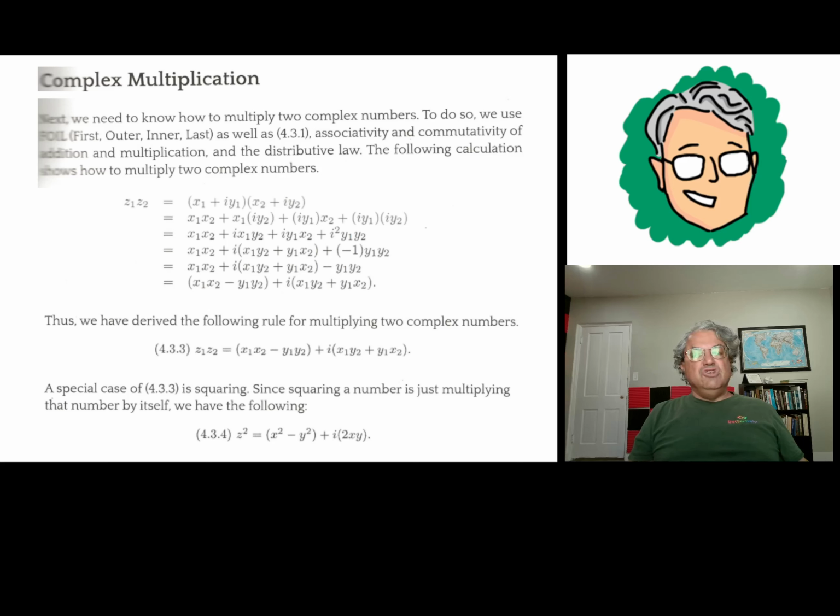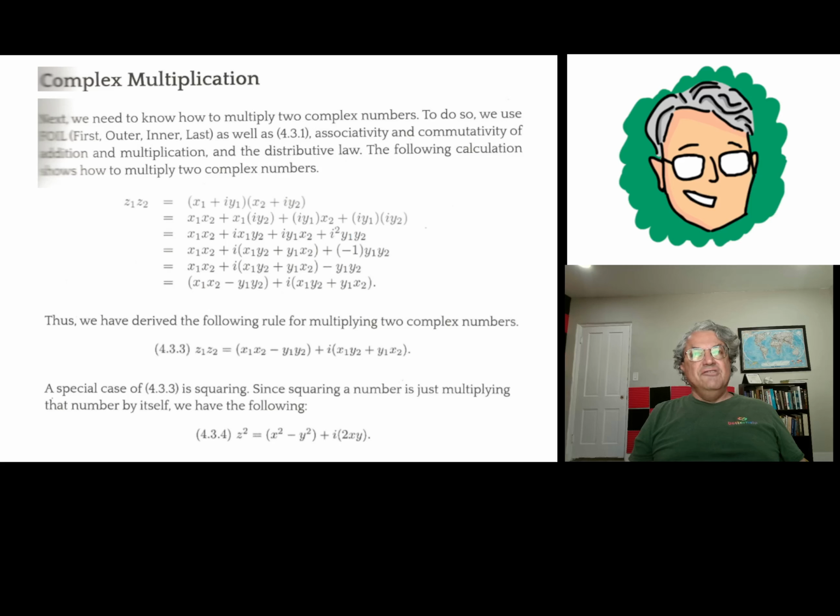And then the imaginary parts are i x1 y2 plus i y1 x2. Of course, we can distribute the i. So then when we're done, the final result is x1 x2 minus y1 y2, that's the real part, plus i times the quantity x2 y1 plus x1 y2.